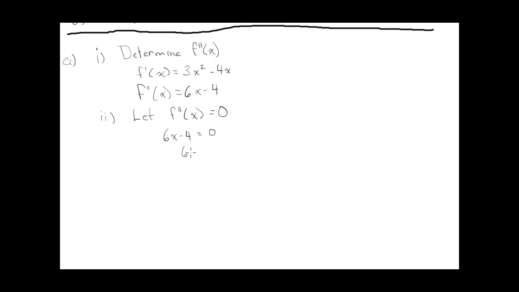So 6x equals 4. x is 4 over 6, or x equals 2/3. So that's the point where the second derivative is 0.